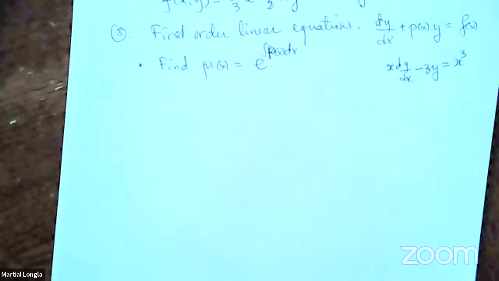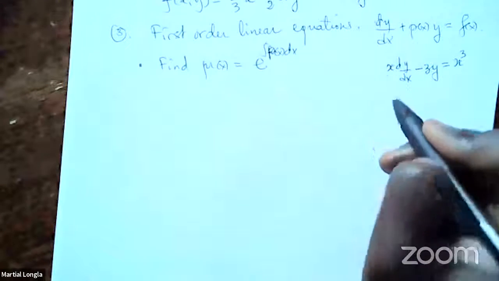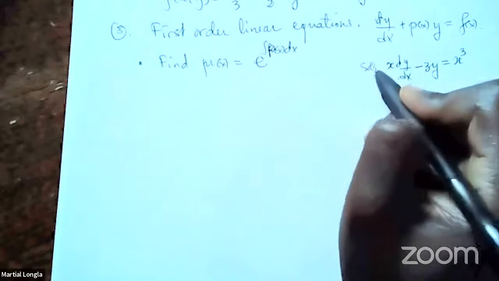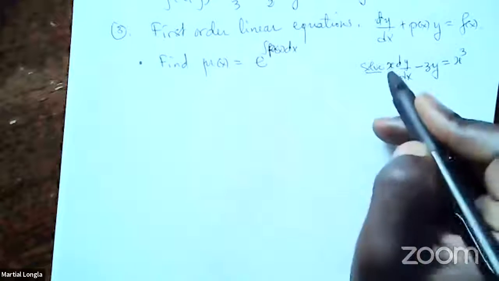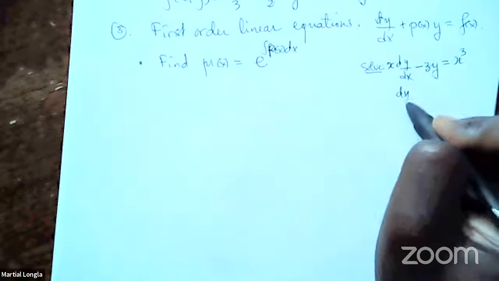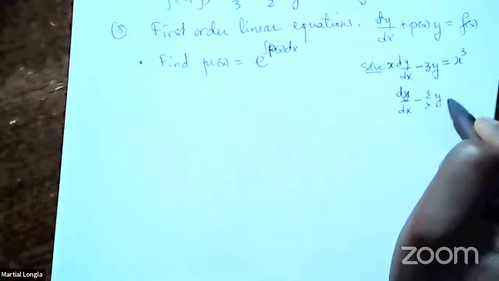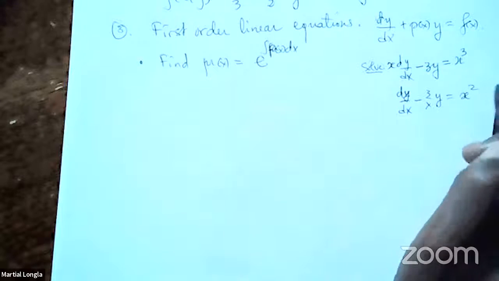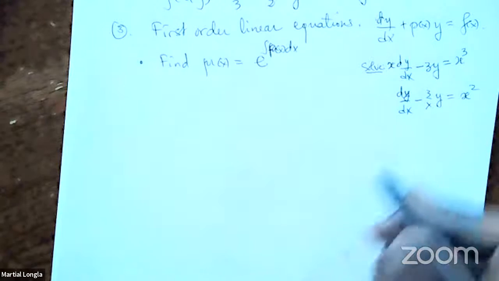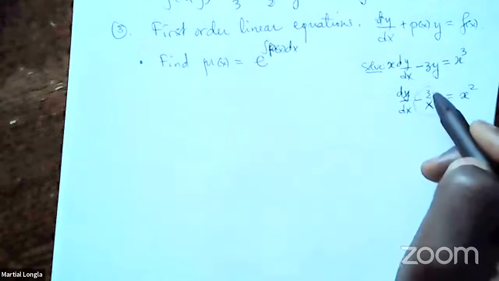What I said in the beginning is to make sure that this coefficient is 1. So here, I need to divide by x first. So I'm going to get dy over dx minus 3 over x times y equals x squared. So I divide both sides by x. When you do this, that's the p of x.